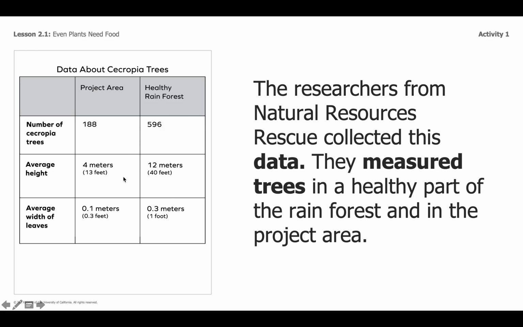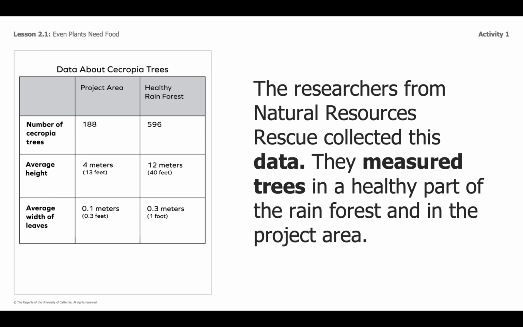The average height is way smaller at 4 meters, and the average width, which tells you how wide something is, is a lot smaller than it would be in a healthy rainforest.